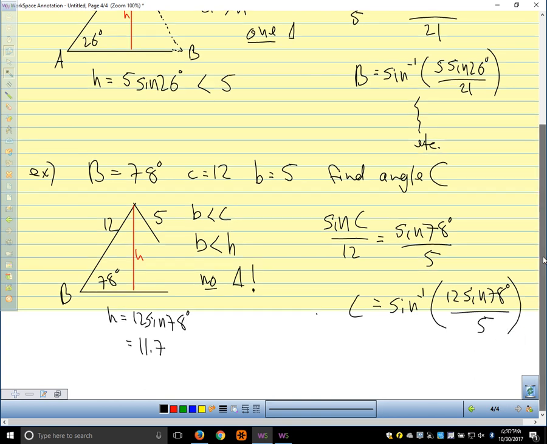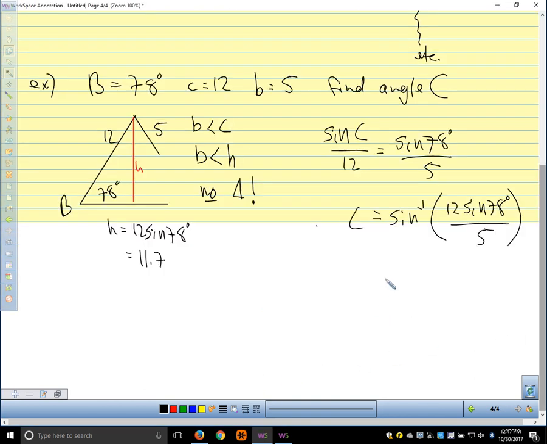If you plug that in your calculator, it's going to say domain error. And that is because 12 sine 78 over 5 comes out to be 2.35. Does any angle have a sine of 2.35? No. So your calculator is telling you that angle doesn't exist. So that triangle doesn't exist.